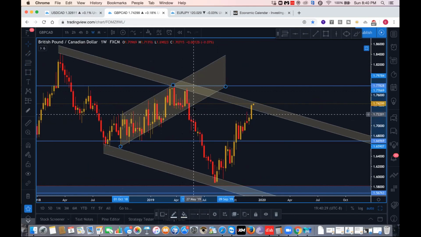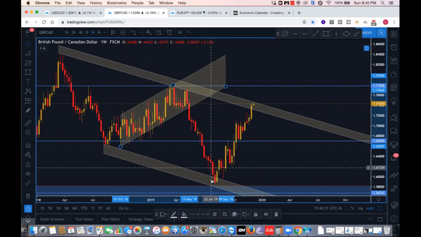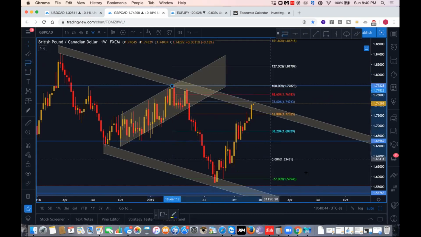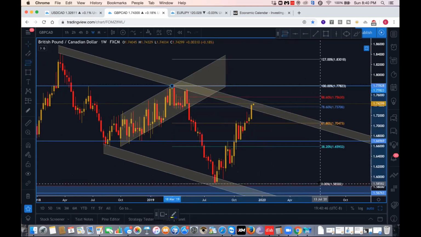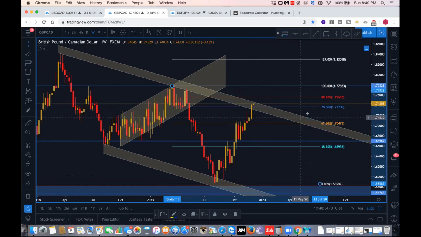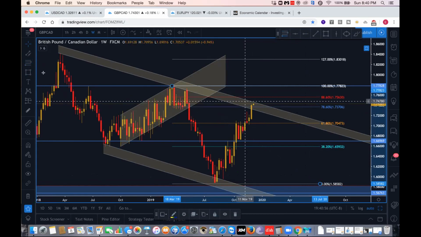Ideally, I would have liked to see a pullback higher before going lower, but because we got this strong break, price kept that momentum and fell all the way back down. So just like that, we could draw a fib from this high to this low, and you will see that we're at the 78.6 and we're also retesting the third hit to this trend line level. What I would like to see is price to find resistance.